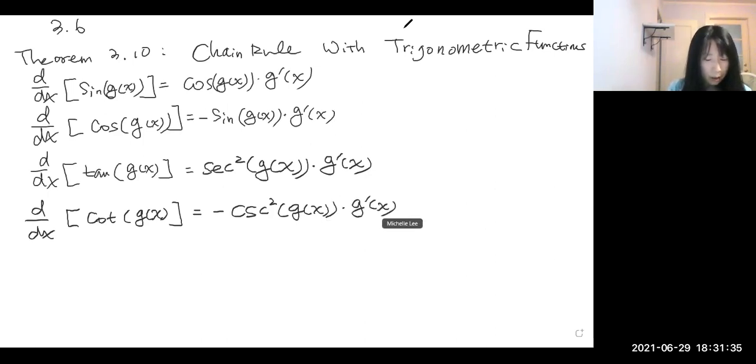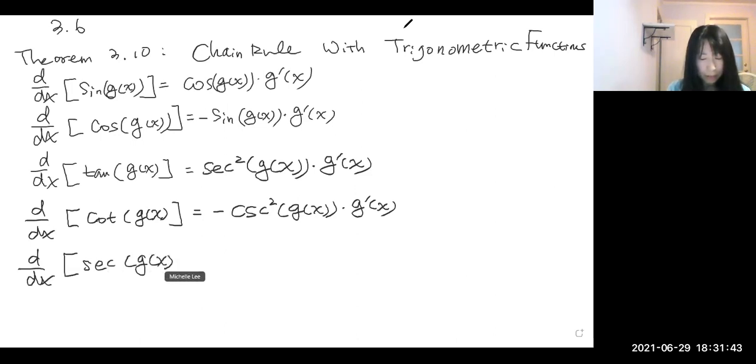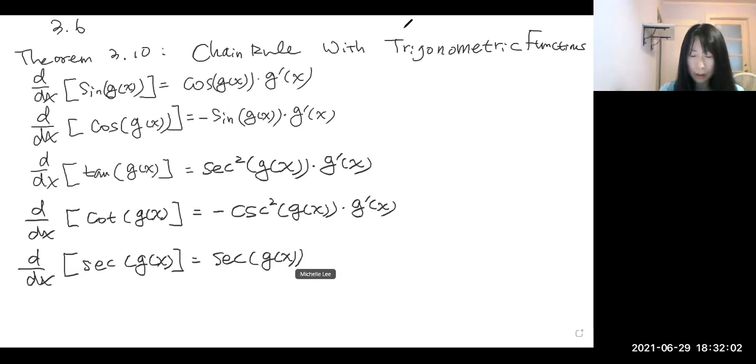Two more, right? Secant g of x. With the derivative of secant, what do you get? Secant x tangent x, so secant g of x, then tan g of x.